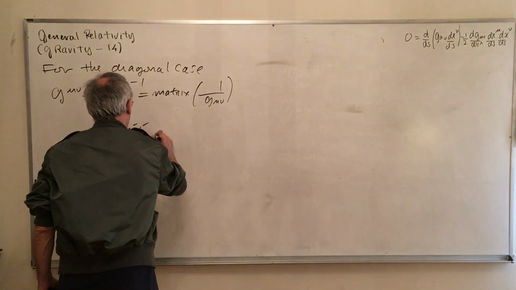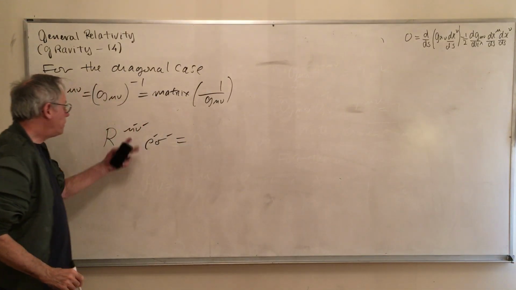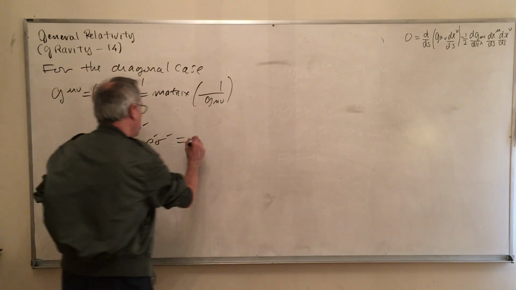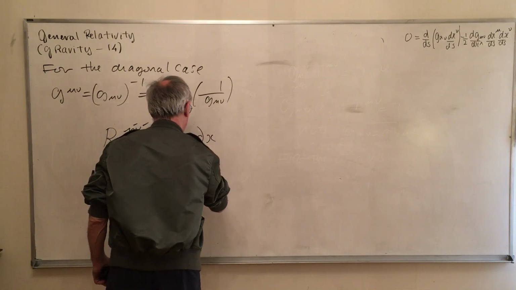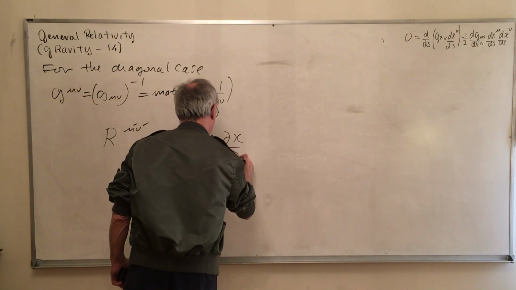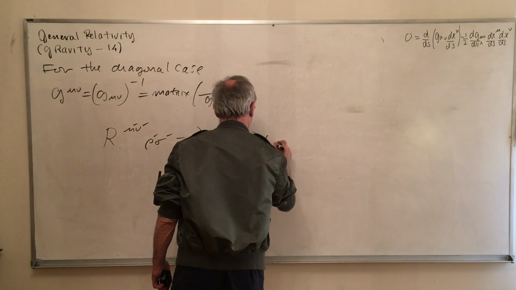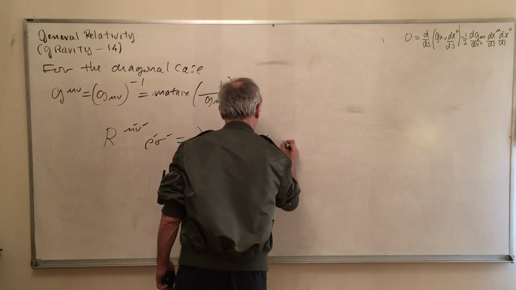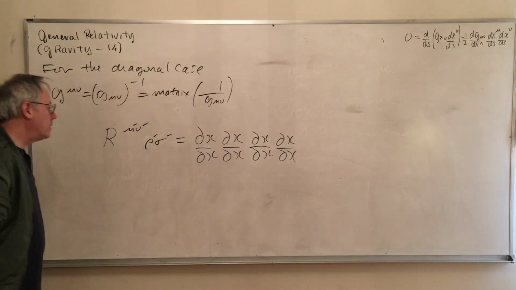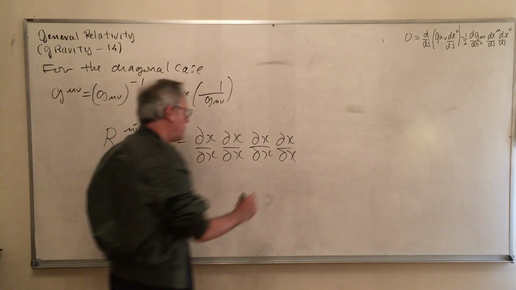Now, if we transform to a new frame, we have two indices contravariant, two indices covariant, and we get this. We have a product of 4 different functions times the old matrix.